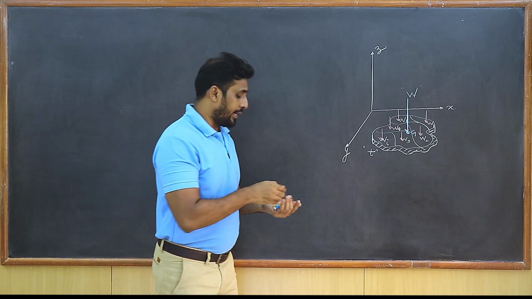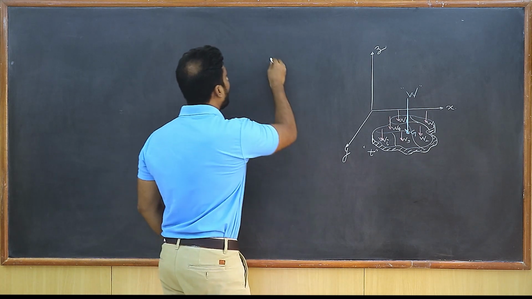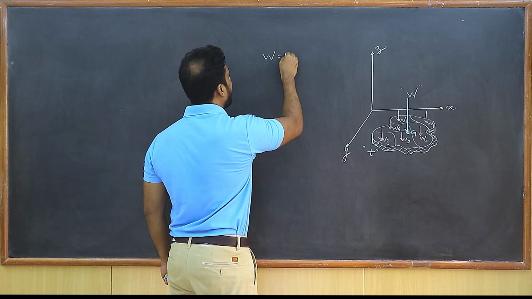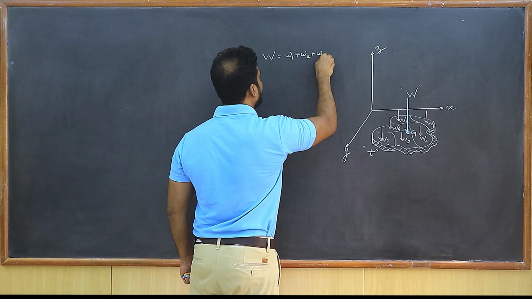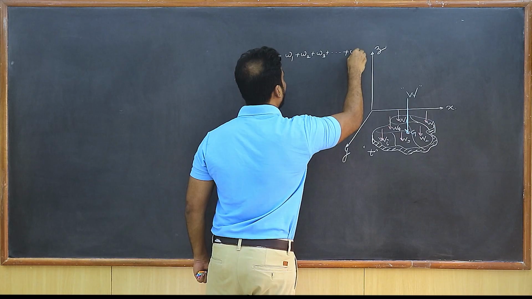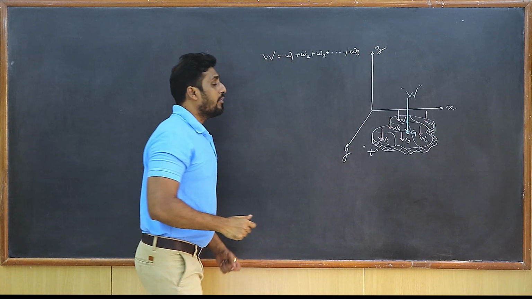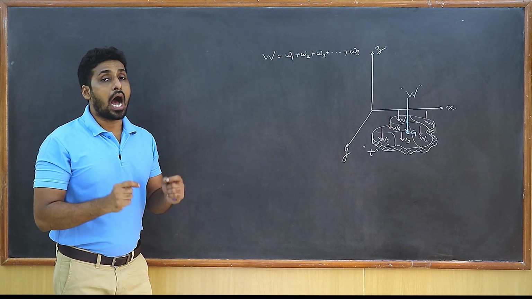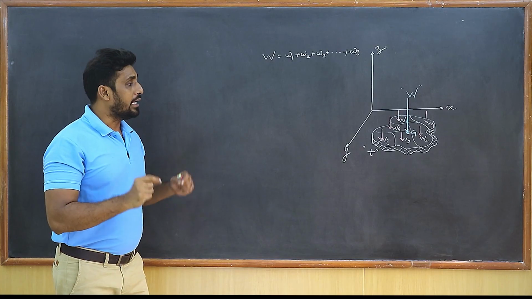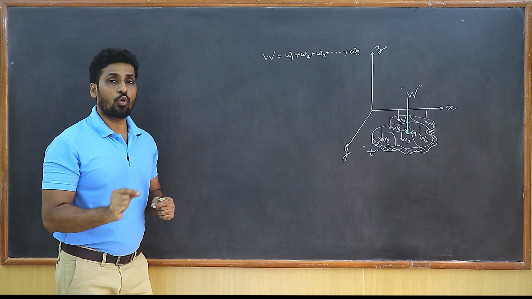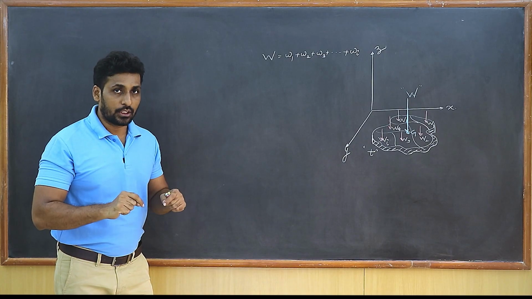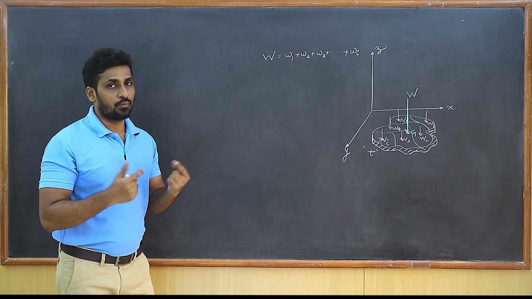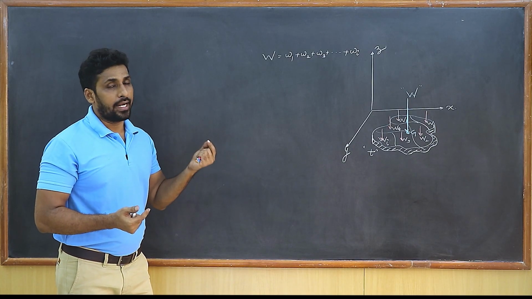Now students, I can very easily say that the total weight of the body W is definitely equal to W1 plus W2 plus W3 and so on till Wi. I have divided the entire body into i number of elements. Every element has weight W1, W2, and so on up to Wi. All these weights are acting in the downward direction. Then the sum of all these weights must be equal to the weight of the entire body.